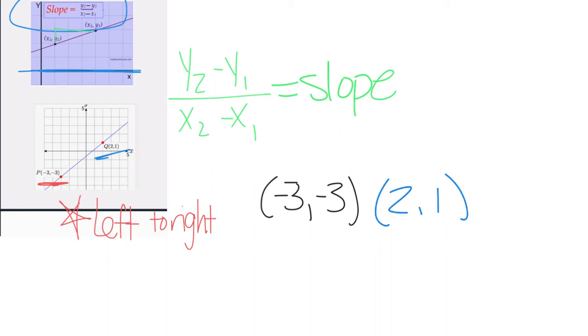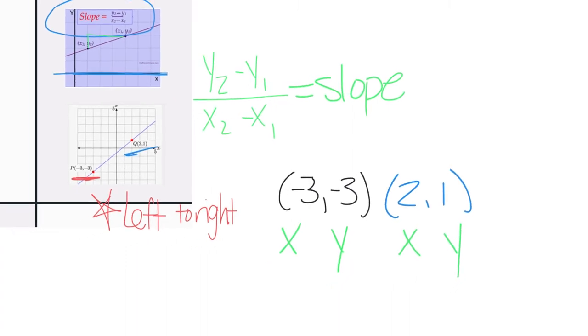All right. Now, from here, I need to label these points and what they actually represent. Remember, we talked about the first letter, what is it? Always x. So the -3 and the 2 are x. And then this -3 is y, and this one over here is y. But which one's number 1? This is what I meant by you have to be reading left to right. Whatever point is given first, we label it as x1.